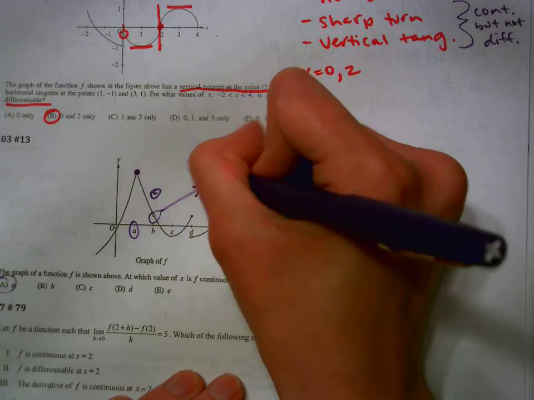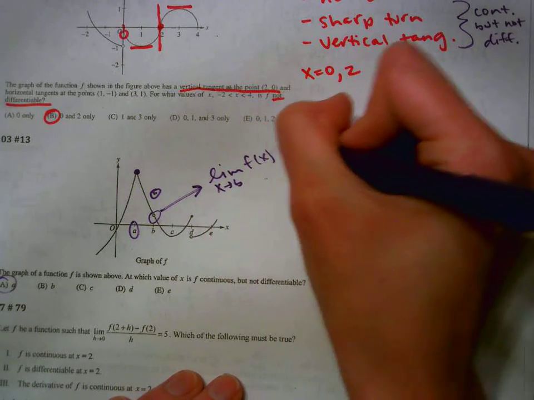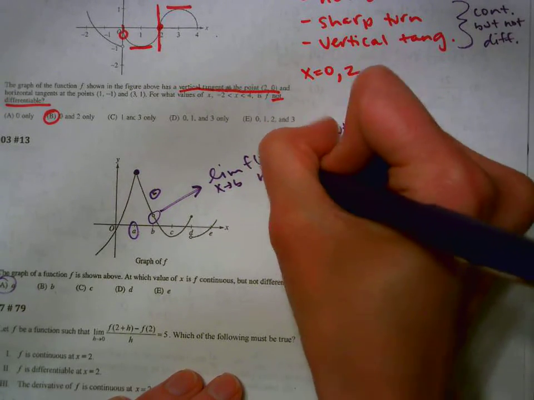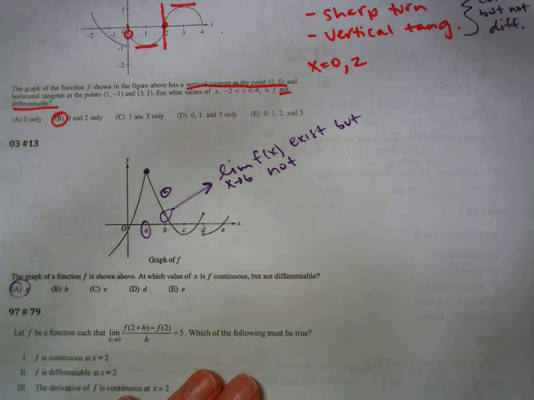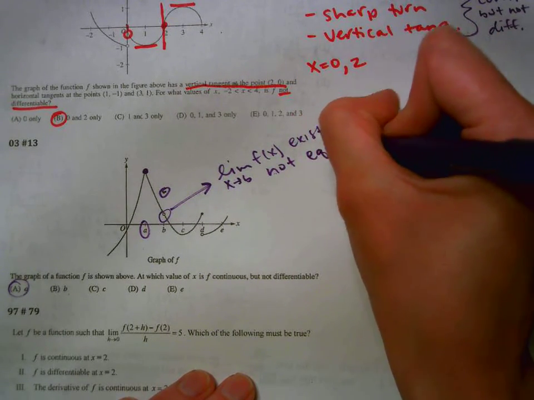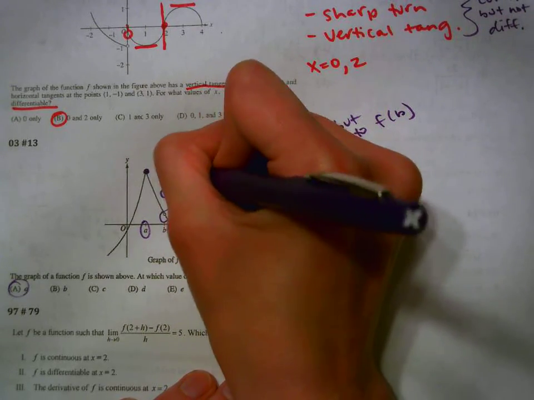So at B, the limit as x approaches B exists, but you don't have to write this down. I'm just trying to review topics. It exists but is not equal to f of B, because f of B is this point up here.